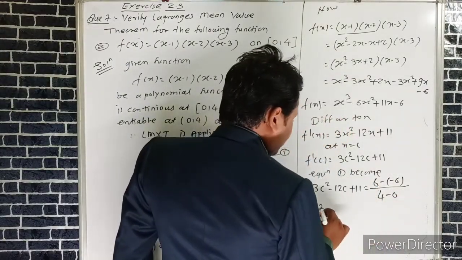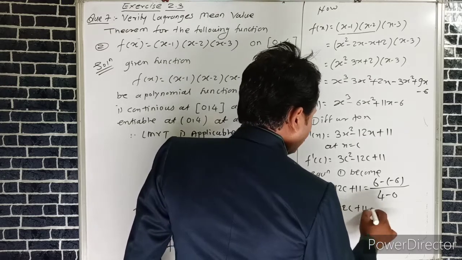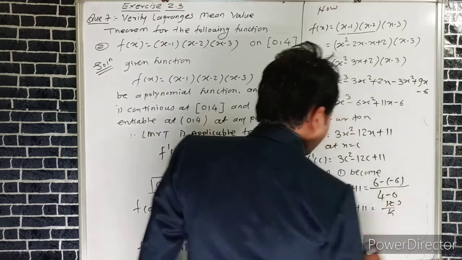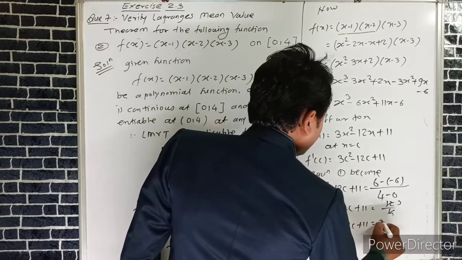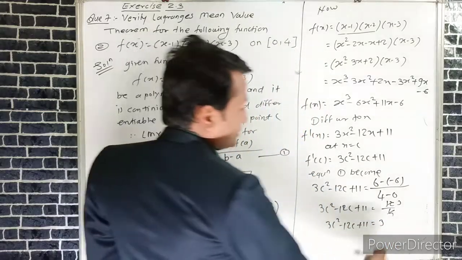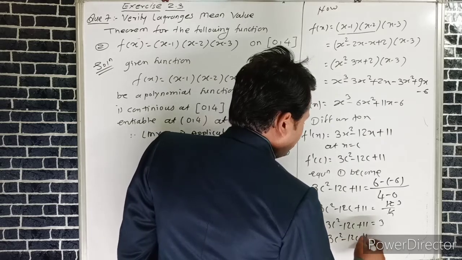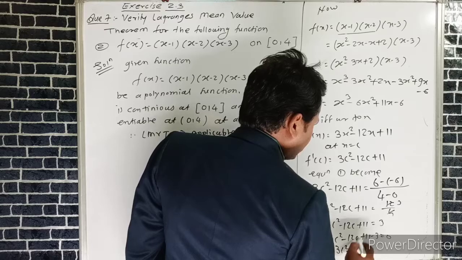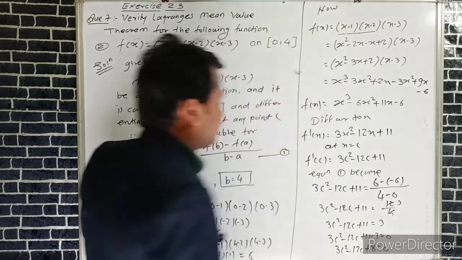We can write 3c square minus 12c plus 11 equals 6 plus 6, which is 12, by 4, which is 3. If we take this 3 to the left side, we can write 3c square minus 12c plus 11 minus 3 is equal to 0, meaning 3c square minus 12c plus 8 is equal to 0.